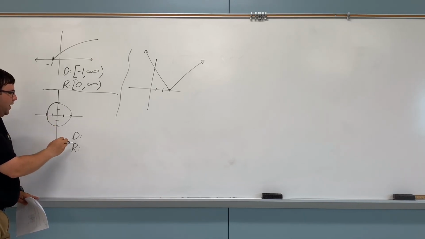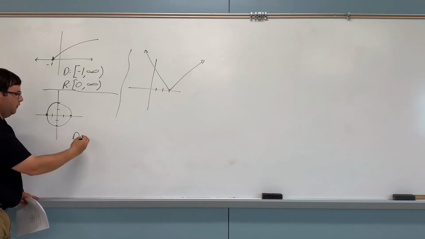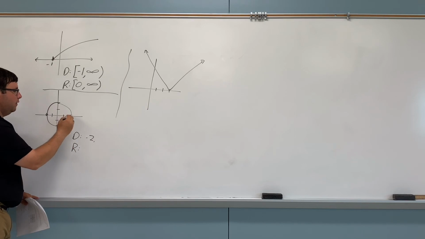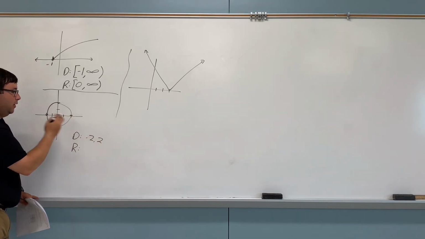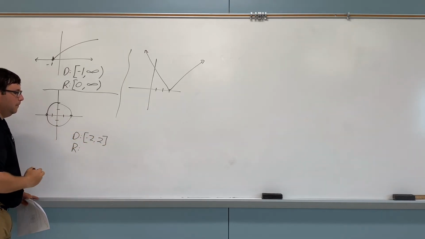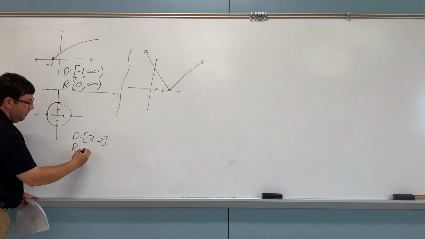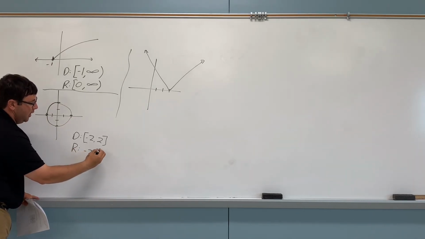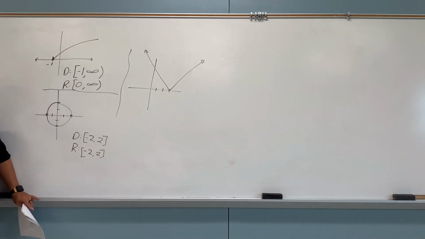So my domain is talking about my x's. My lowest x is -2. My highest x is +2. I am definitely passing through those points, so they are included. Let's talk about the range. Lowest point is -2. Highest point is 2. That means I have -2 to 2, and I am also passing through those points. So in this case, my domain and range are the same.